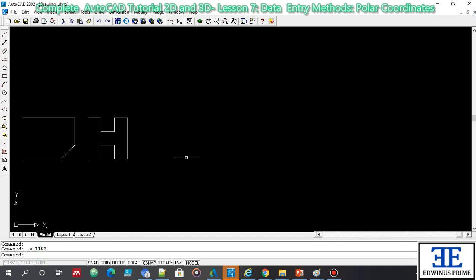I want to indicate my first line somewhere here, so that is using the absolute coordinate technique. So line, the first point, absolute coordinate technique, for example, 13,1. So we have our first point here, and we will draw this figure.